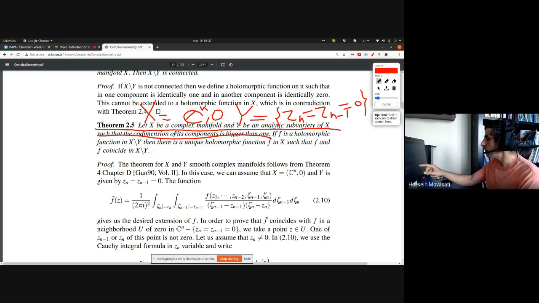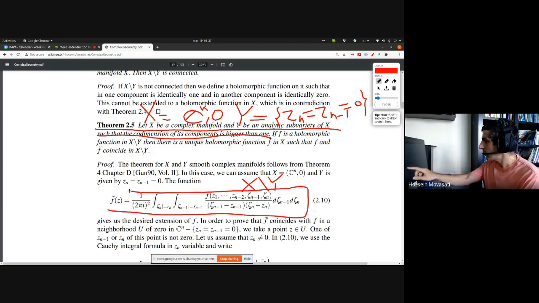Let's say you have a function f defined in X minus Y, then we can easily define this function f tilde.